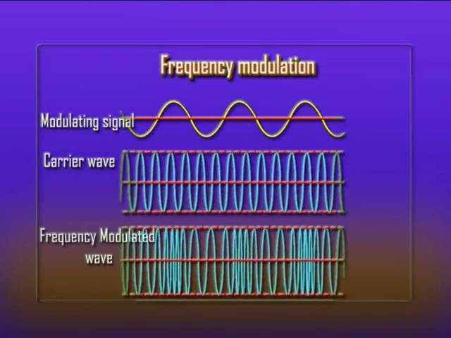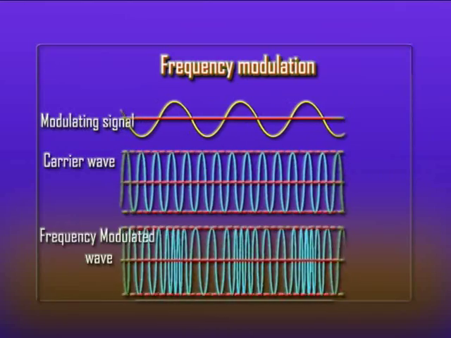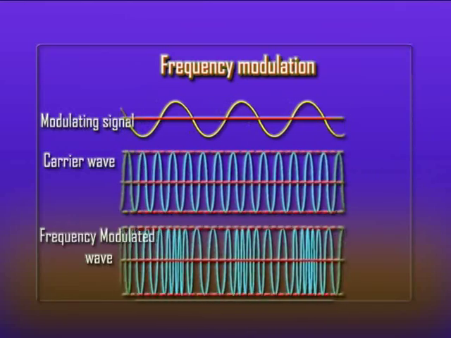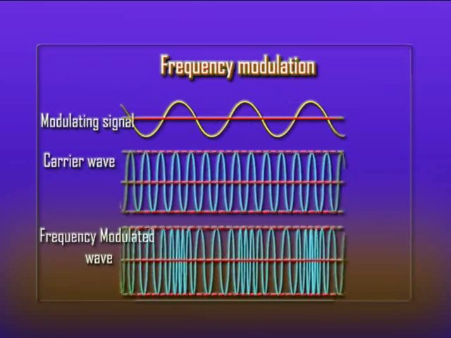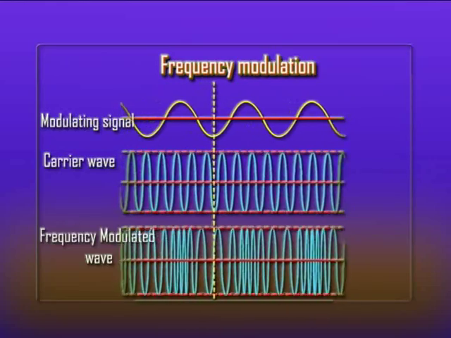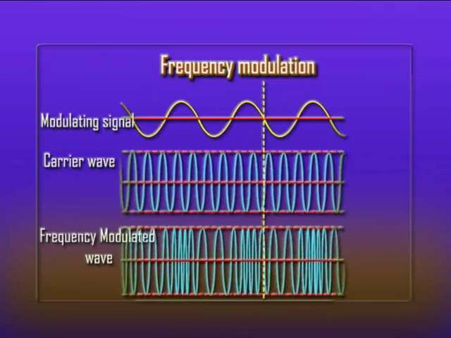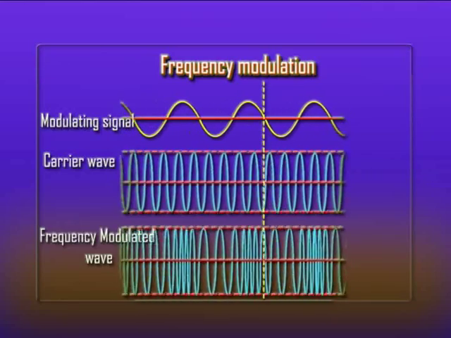When the base and the carrier waves are superimposed, the frequency of the carrier wave changes in accordance with the amplitude of the base signal. Here, the amplitude of the base signal is large and therefore the frequency of the carrier wave is also higher. In this region, the amplitude of the base signal is less and therefore the frequency of the carrier signal is also less.